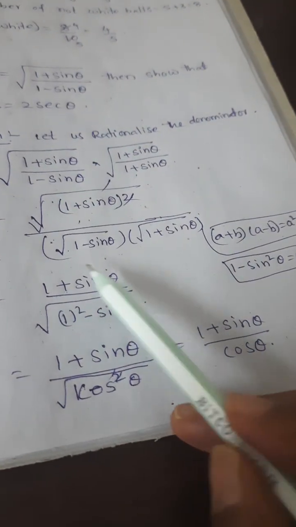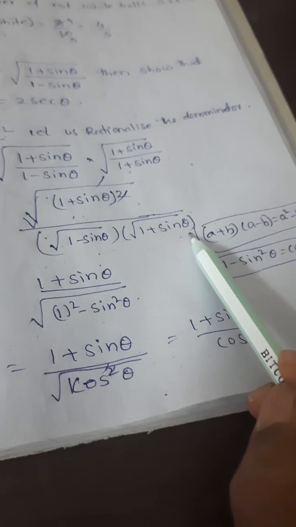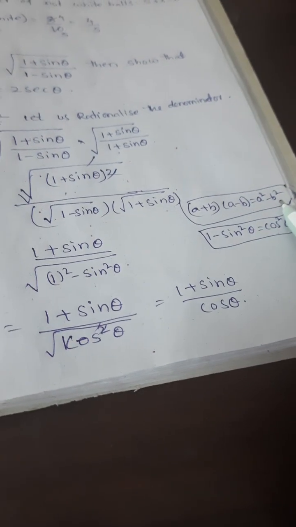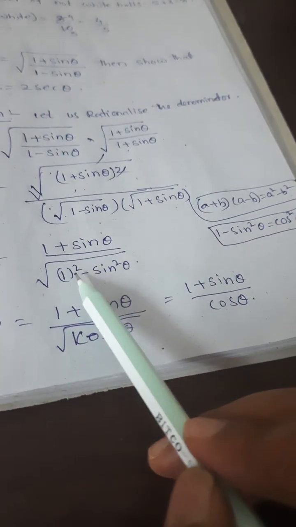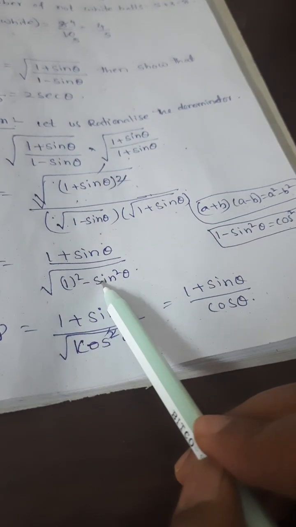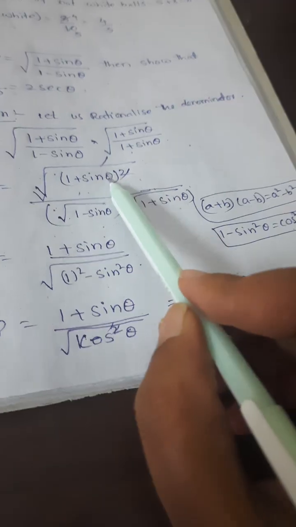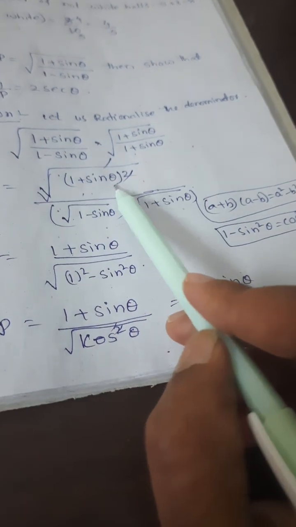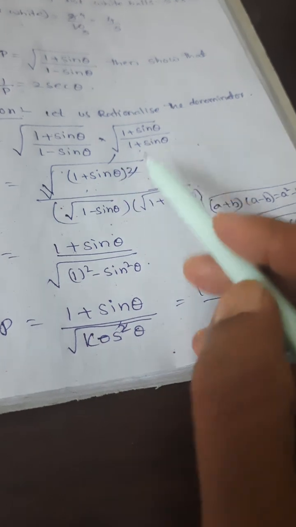Here this is a plus b into a minus b form. So a plus b into a minus b is equal to a square minus b square. So we can write this under root 1 square minus sin square theta. Here square root cancels. 1 plus sin theta into 1 plus sin theta, 1 plus sin theta whole square, so the square root cancels.